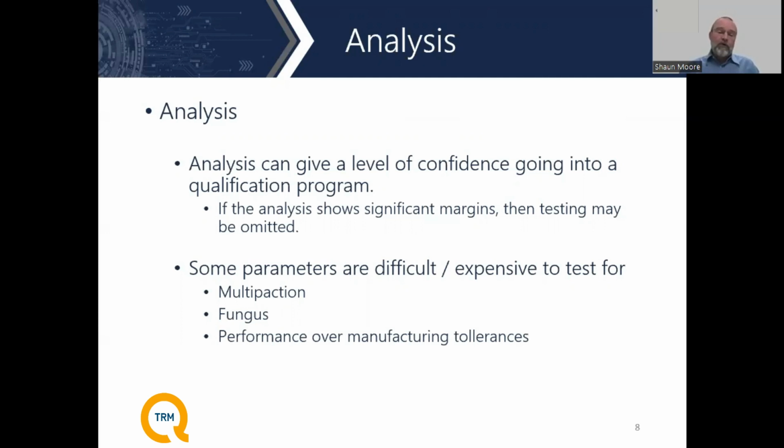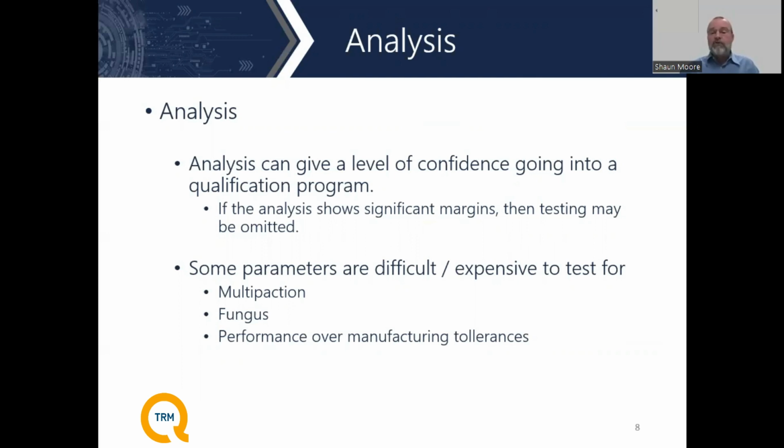The other way we use analysis is that there are some tests that are quite frankly very expensive to run, or the analysis is so good that really the testing becomes unimportant. So in the first case, we'll talk about expense, especially on parts for spacecraft: multipaction, corona breakdown. Those sorts of tests are quite frankly very expensive to run.